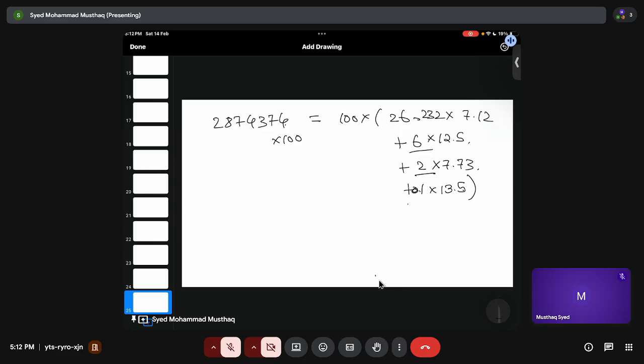This is for nitrogen, and this is for carbon dioxide, because 6 moles of carbon will react with 6 moles of oxygen to give 6 moles of carbon dioxide, and 2 moles of hydrogen will react with 1 mole of oxygen to give 2 moles of water. So that is here. Now all I have to do is just calculate.